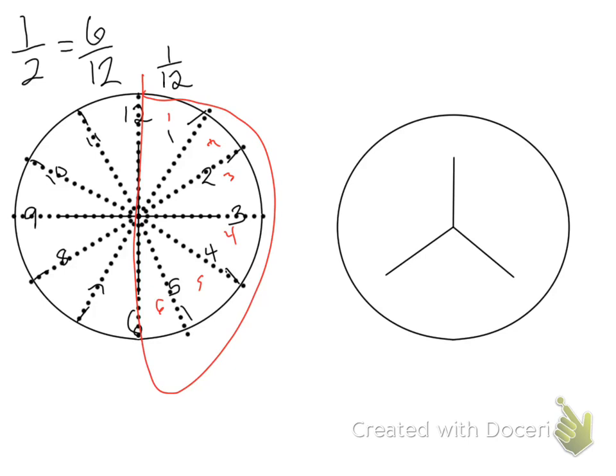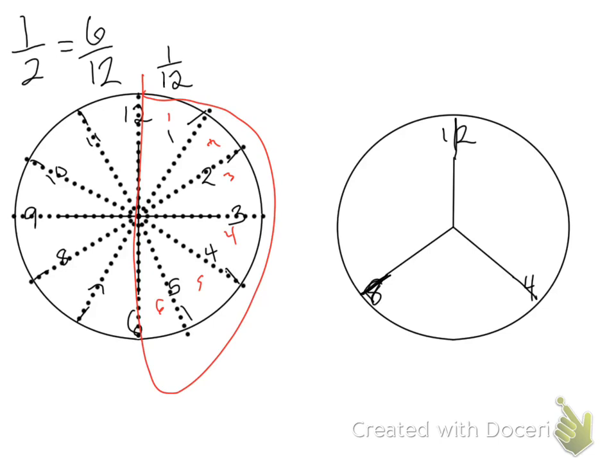When we divide our circle into thirds, we draw lines from the center of our circle to the 12, the 4, and the 8, if we think about this as a clock. If I continue the lines, you can see that my circle is divided into about 3 equal pieces. It's a little bit difficult to do, so just do the best you can.